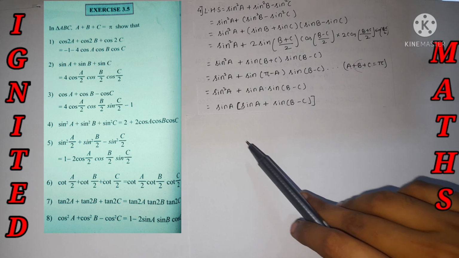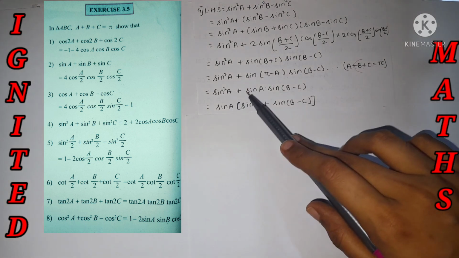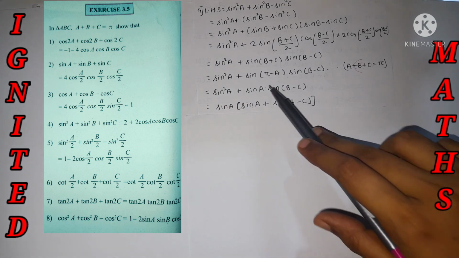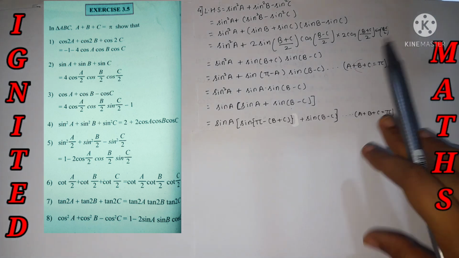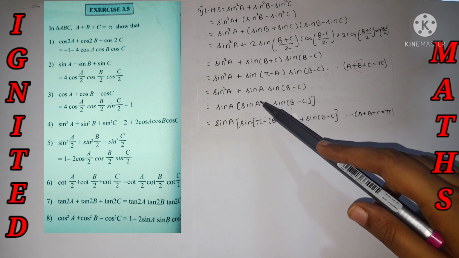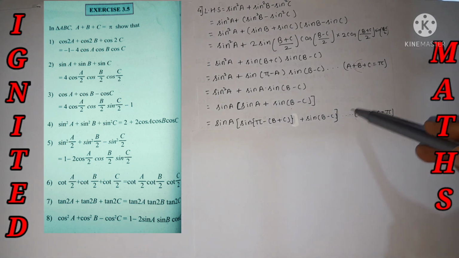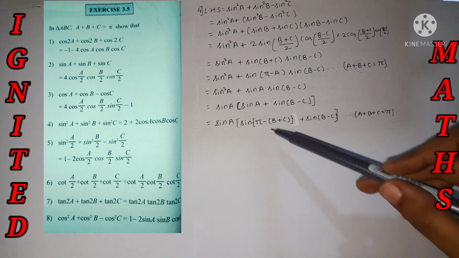I have taken sine A as common: sine A into sine A, and sine A into sine (B minus C). And sine A is nothing but sine (pi minus (B plus C)), according to A plus B plus C equal to pi, and sine (B minus C) I have represented as it is.